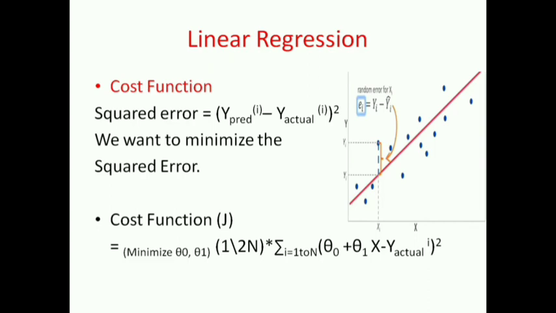Suppose it comes to be this y1 on the red line, but the actual value, corresponding to this blue dot, is y2, say.